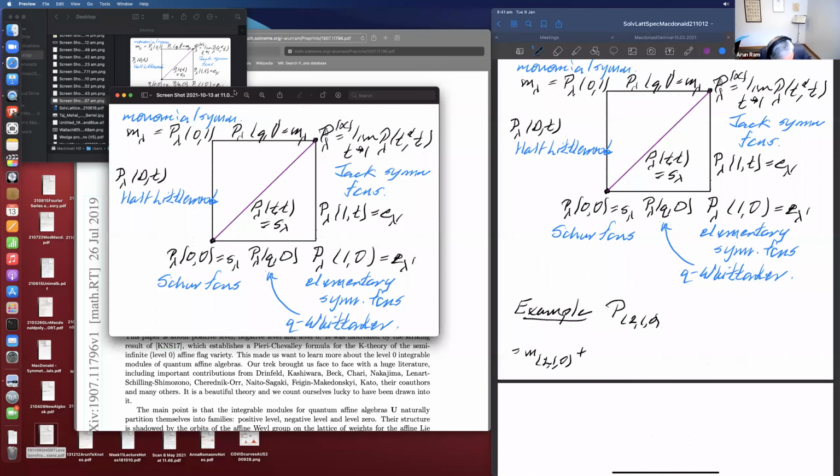And I'm going to get a coefficient here, which, if you look in Macdonald's book, you would get as (1 minus t squared) over (1 minus qt) times (1 minus qt squared) times (1 minus q squared t), and then (1 minus t) over (1 minus q) times (1 minus qt) times (1 minus q squared).